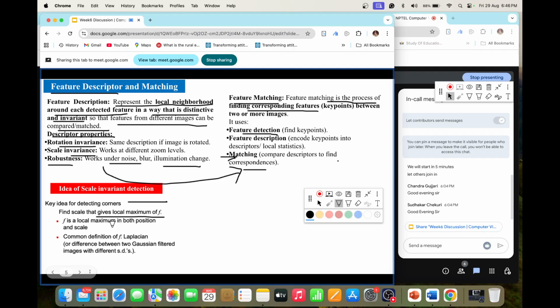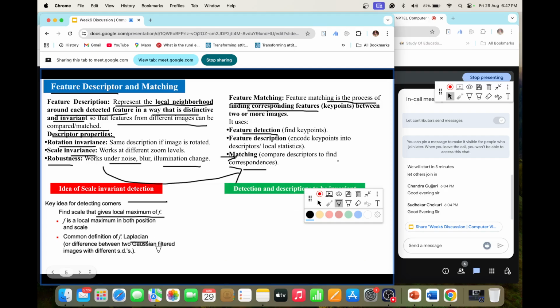So f is a local maximum in both position and scale. That means in both the images, f should be a local maximum in position as well as scale. If we can do that, then we can say that this feature is scale invariant. We do that by the Laplacian or the difference of Gaussians.